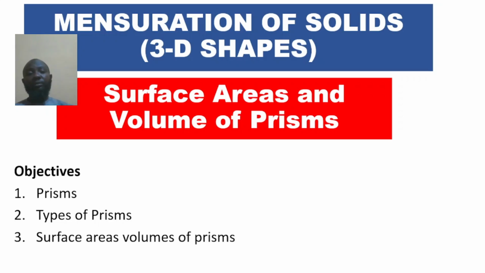We look at the meaning of prisms, look at the types of prisms that we have, and we look at the surface areas and the volumes of prisms. So that is what we have for us in this video.